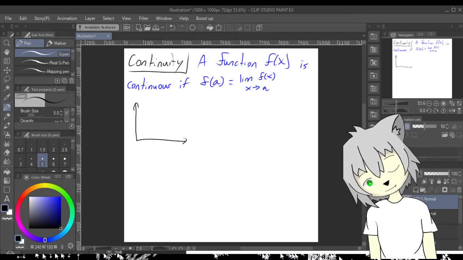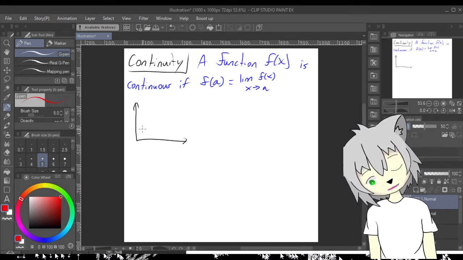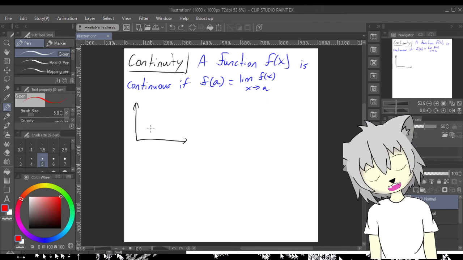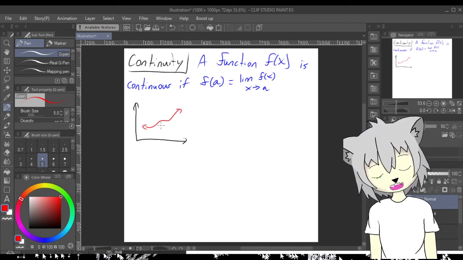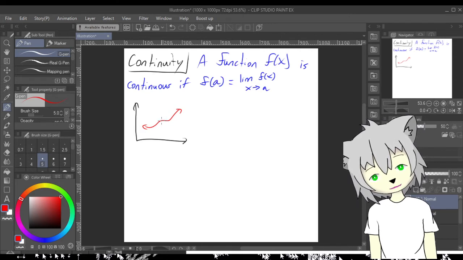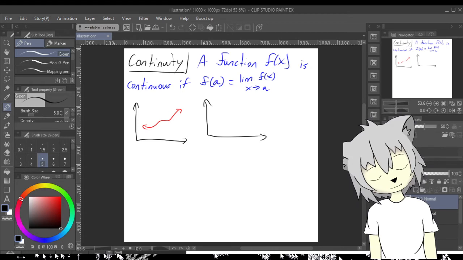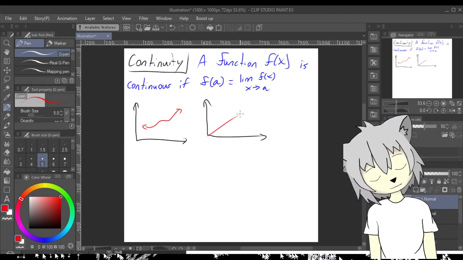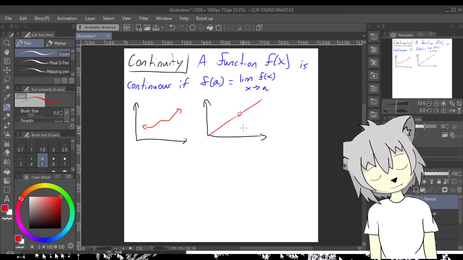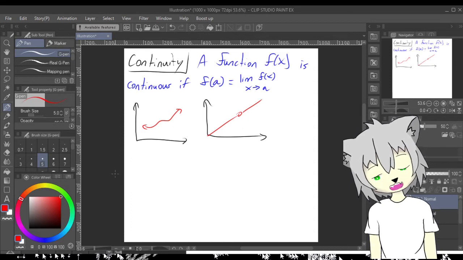Let's say we have this function here. This is continuous because at every single point it's defined. There are no holes or gaps in it. But if there's a hole or something, this isn't continuous.